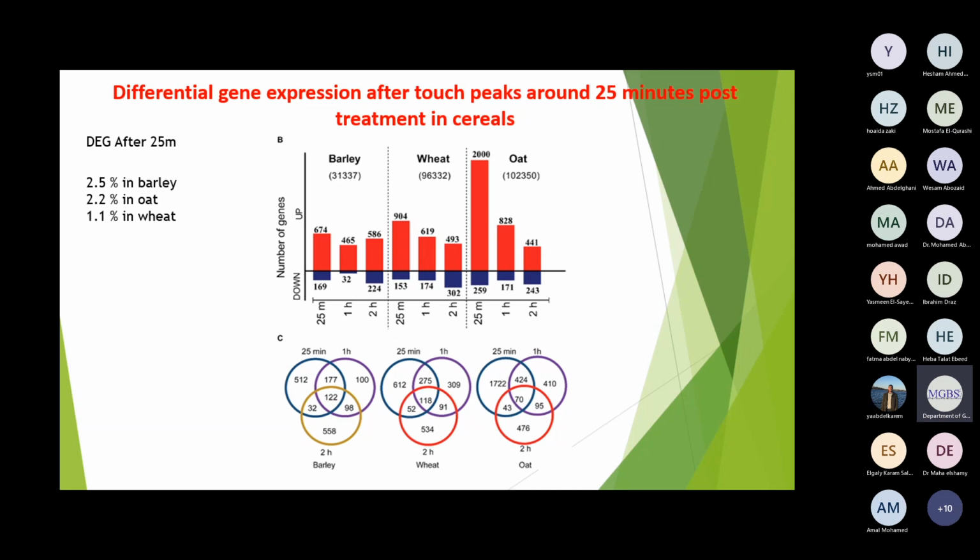If we have a list of genes differentially expressed in barley, wheat and oat, there are ortho groups that these genes belong to, and maybe some genes have the same ortho group. So if you have 10,000 genes differentially expressed, but you check the ortho groups, maybe it's 700 ortho groups. So I used ortho groups to compare and overlap between these time points.